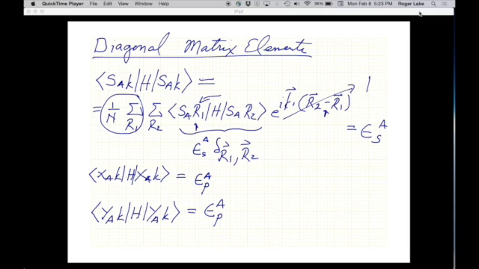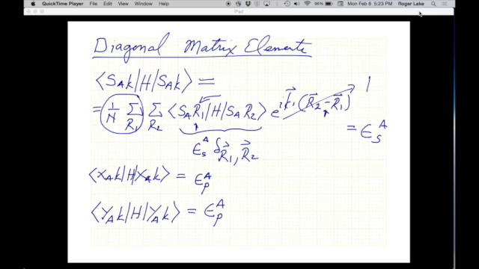It could have an in-plane lattice vector, and then maybe a longer c lattice vector, and then the p z orbital would see something different, and so its on-site energy would be different than the p x and p y. But for these cubic semiconductors, everything looks the same in all directions. X, Y, and Z are equivalent. And so all the p orbitals have the same on-site energy for a given atom.